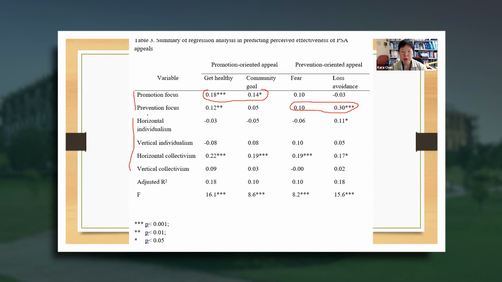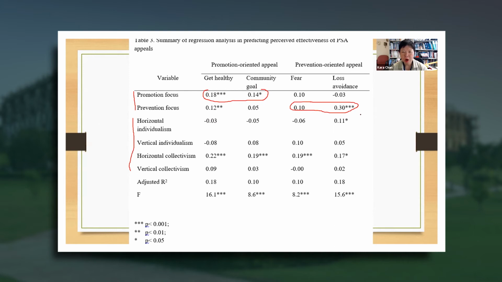For those who have high prevention focus, they found the loss avoidance appeal more effective, but not the fear appeal. So H2 was partially supported. And then H3 related to horizontal individualism and appeal.